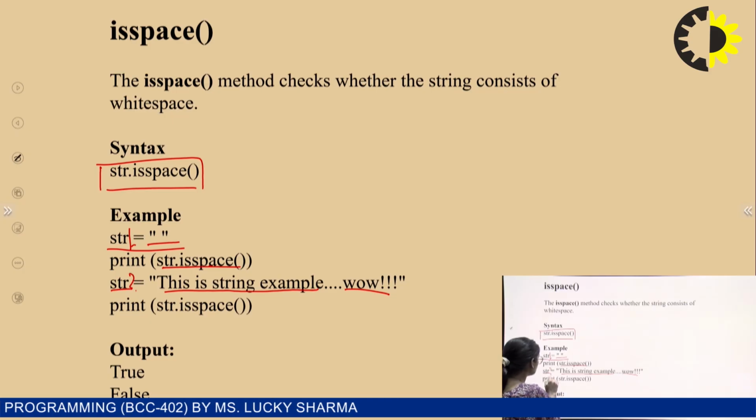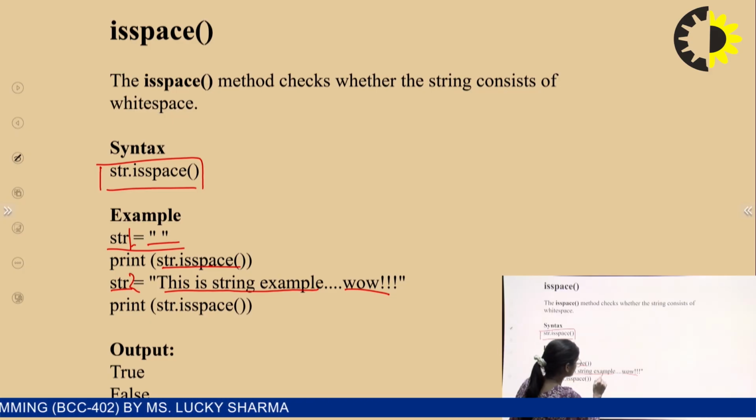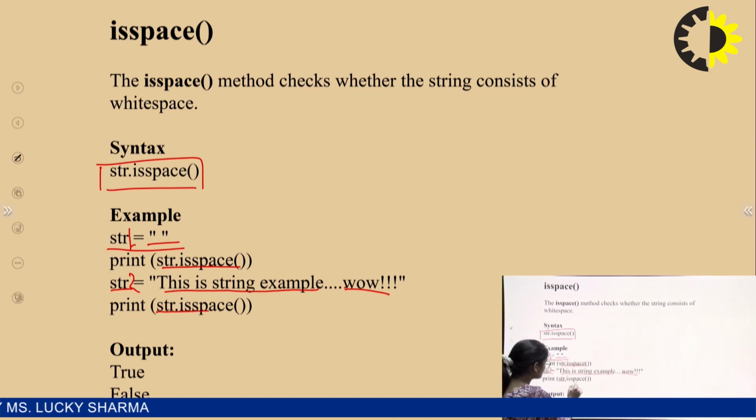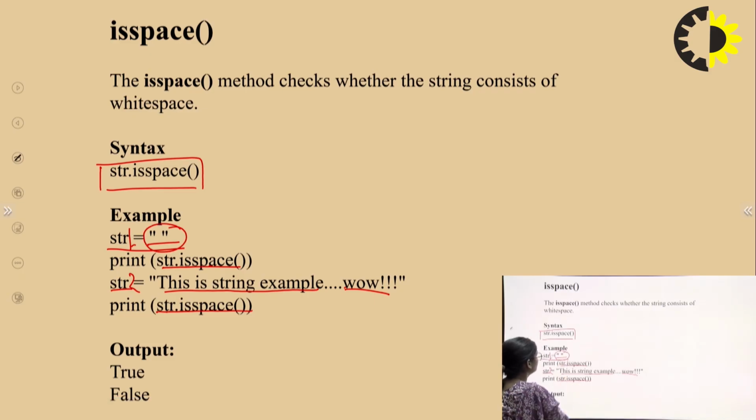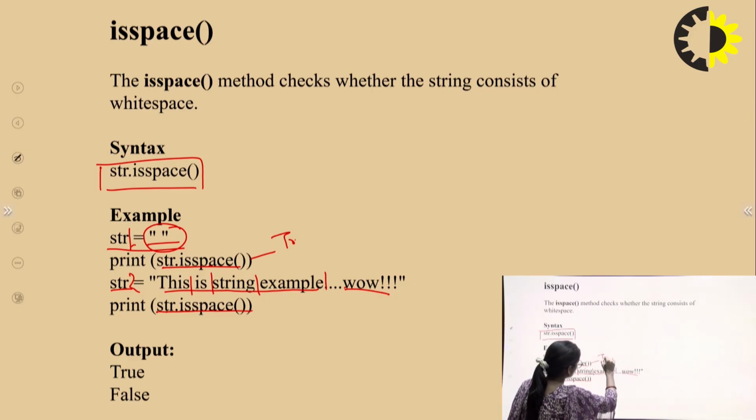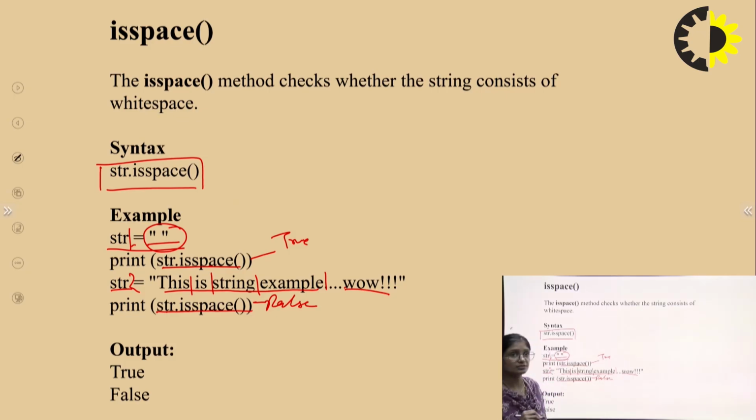String 2 is this, a string example "wow", string dot isspace. Now here we can see the white space is present. Here there is no white space, so the value is true, and here the value is false.